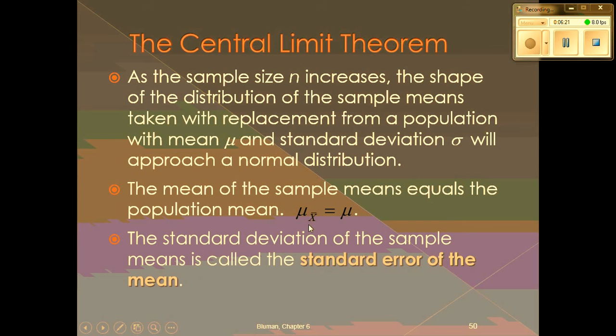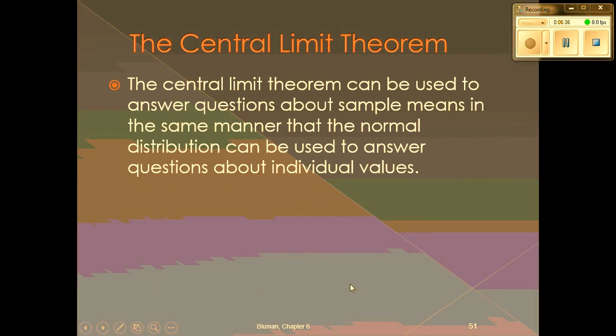The standard deviation, which we call the standard error, is calculated slightly differently. You take the population standard deviation and divide it by the square root of n, the sample size. Okay? So basically, the central limit theorem is used on the mean of samples.